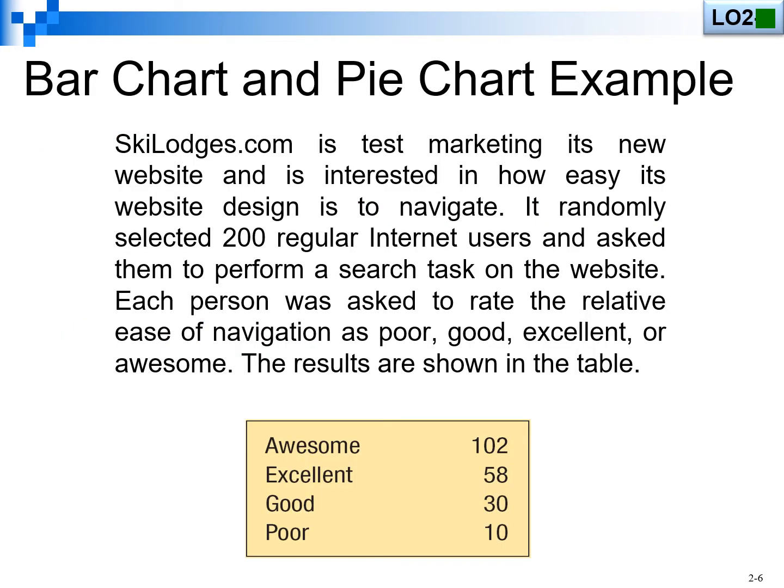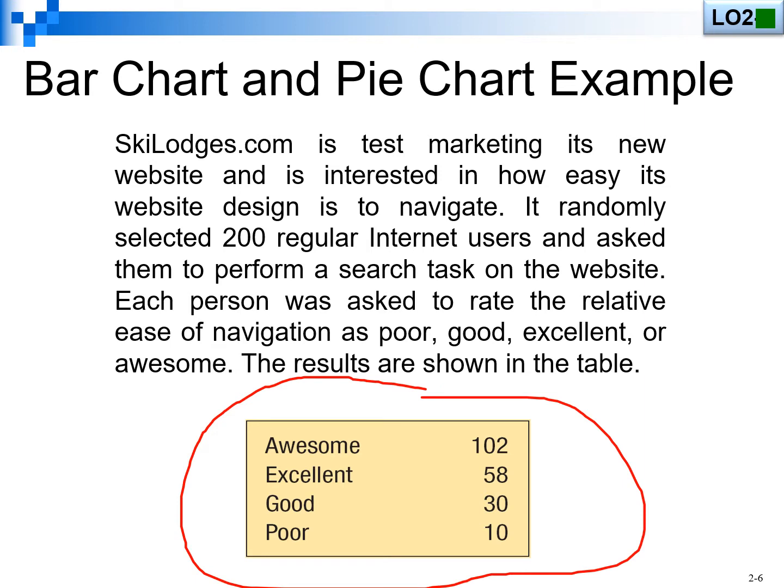So the next couple slides walk you through an example of how a bar chart or a pie chart might be used to summarize this information. Notice there are 4 categories, and here are the frequencies presented for each category. And then in the next slide, they're going to show you how you might organize that into a bar chart or a pie chart.